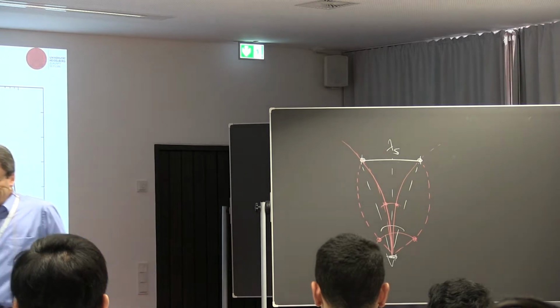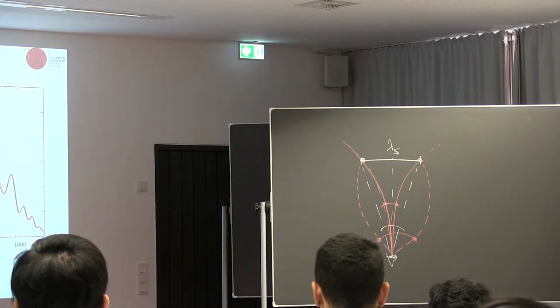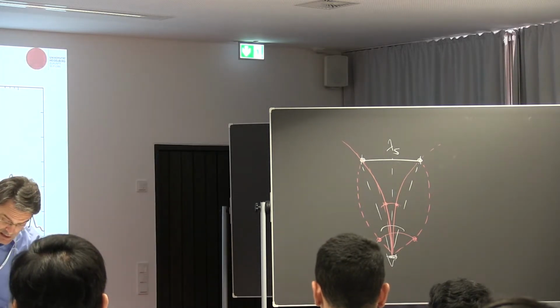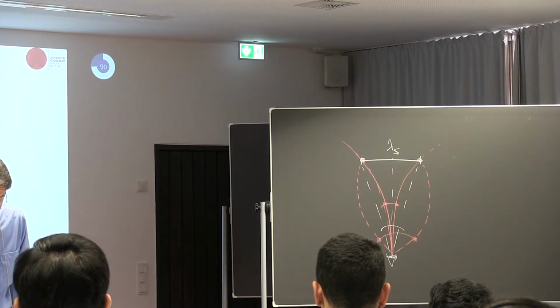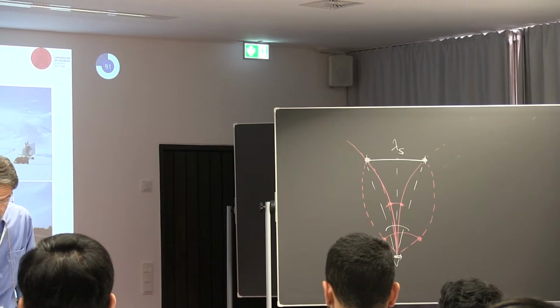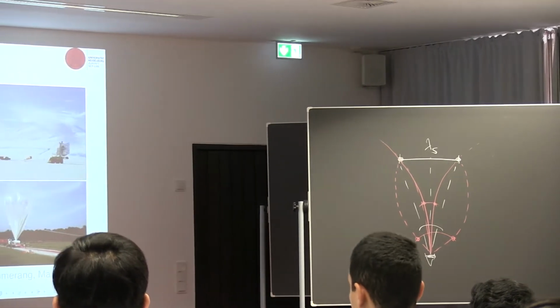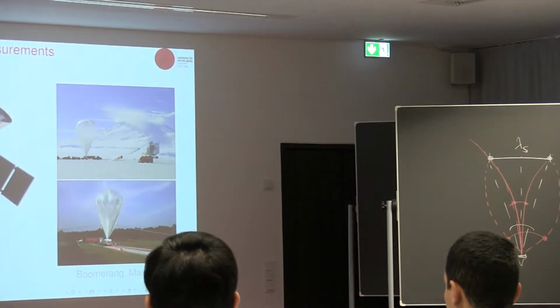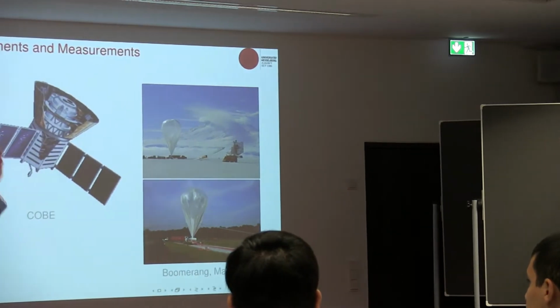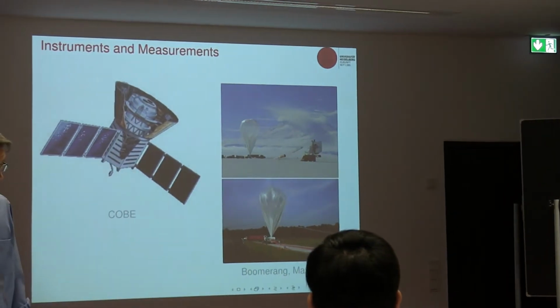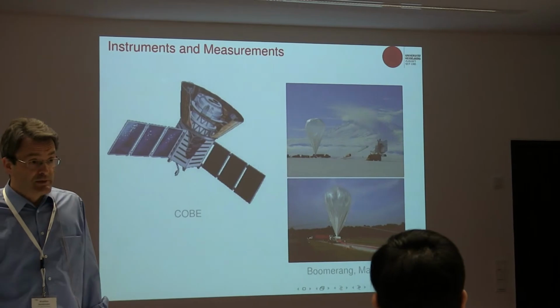In other words, from the location of the peak in the power spectrum, you can immediately conclude what the spatial curvature of the universe is, right? And then with the first experiments that could see the onset of that peak, it was clear that the peak lies at a position which corresponds to flat space.